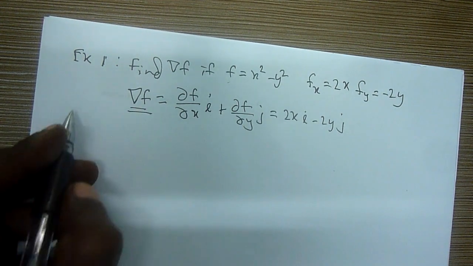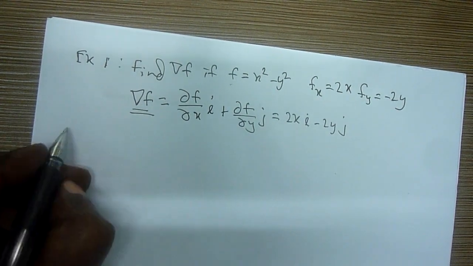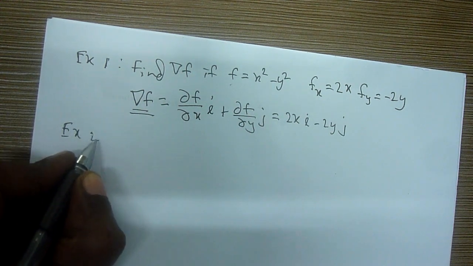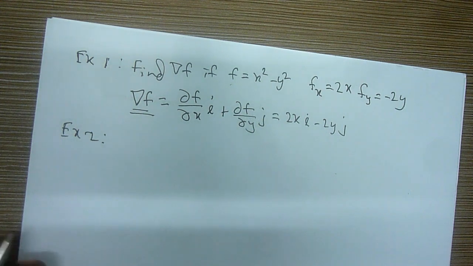Now I'll give you one more example. This is a simple example. You may say, wow, very simple. But yes, it's really simple. I'll give you one more scenario which will give you better clarity of this gradient f.